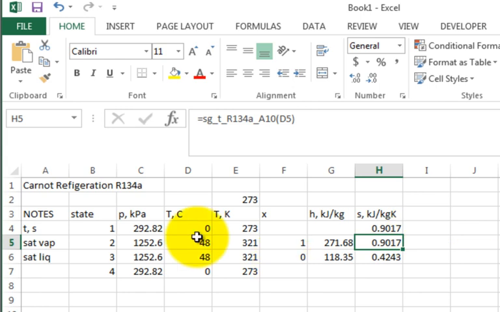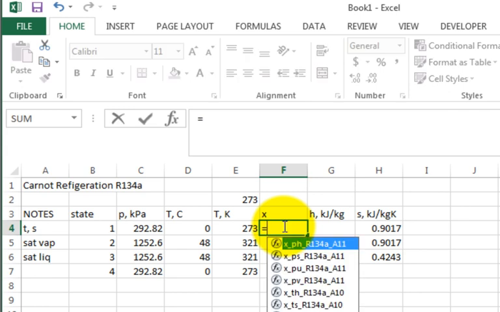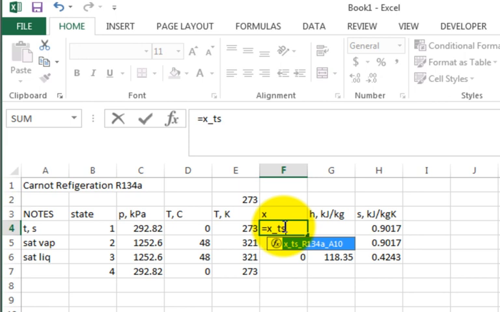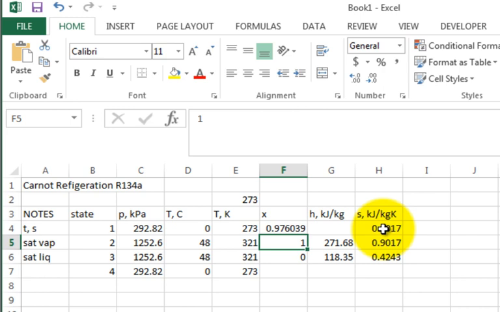So there, now I see temperature and entropy. So I would do it in 2 steps. Get the quality, X as a function of temperature and entropy for the refrigerant. So there's my temperature. And then I have to select the entropy right there. Okay. See how we got the quality?